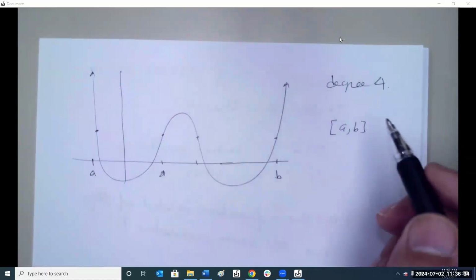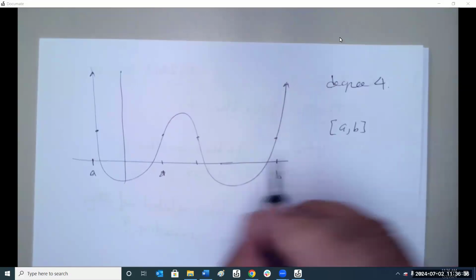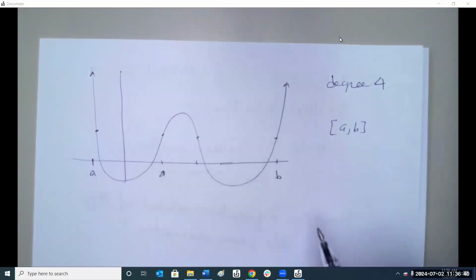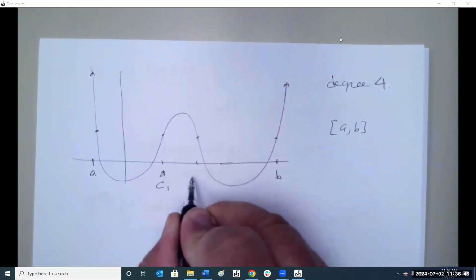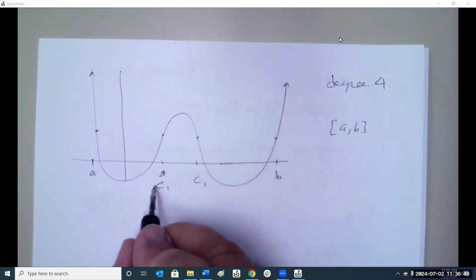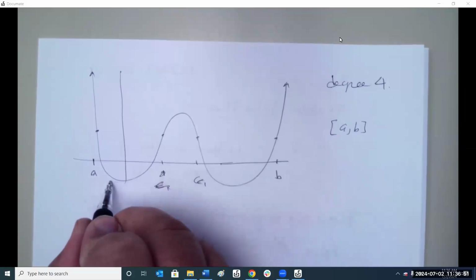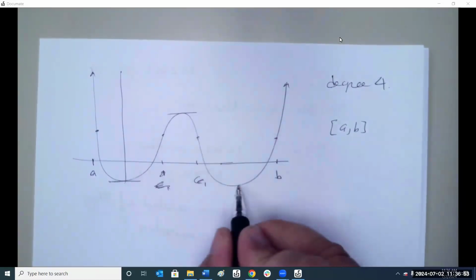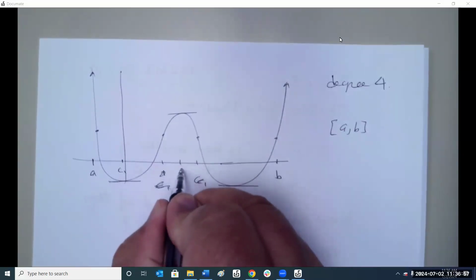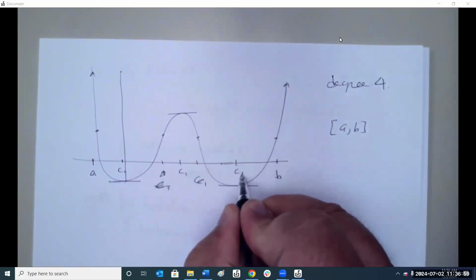The function's continuous. It's differentiable; a derivative exists at every interior point between A and B. Then there's at least one C inside that interval where the derivative is equal to 0.